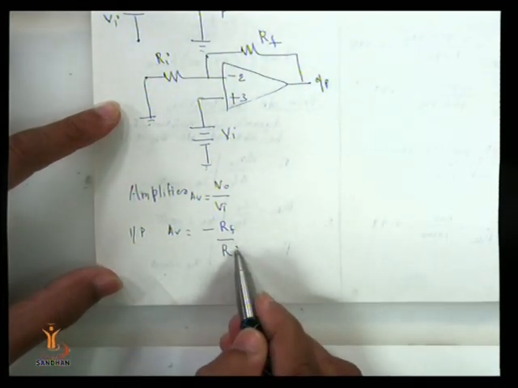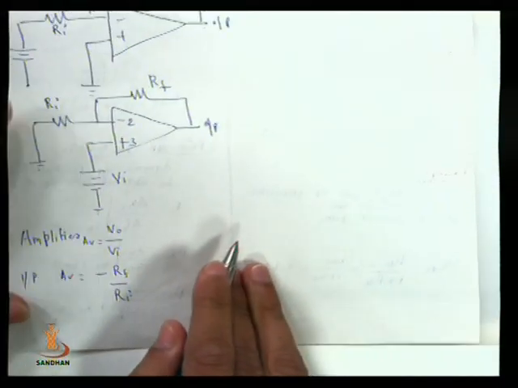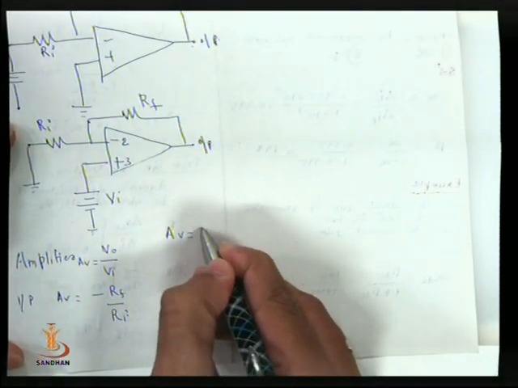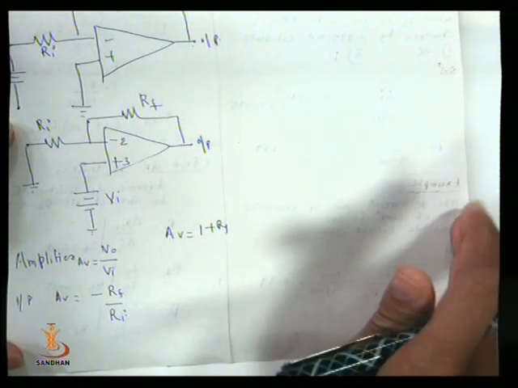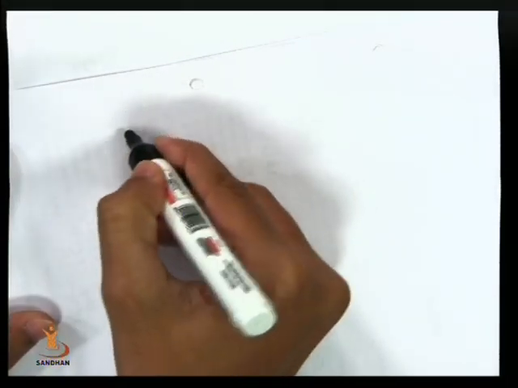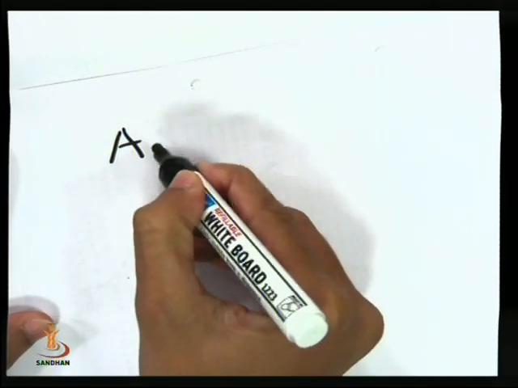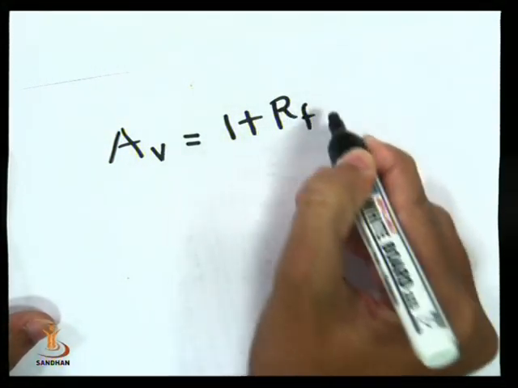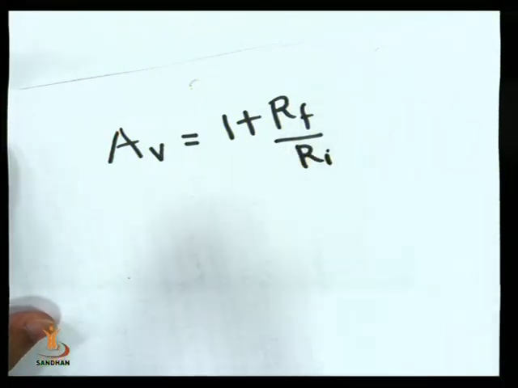This is the inverting gain, and for the non-inverting one, the voltage gain is given by AV equal to 1 plus RF upon Ri.